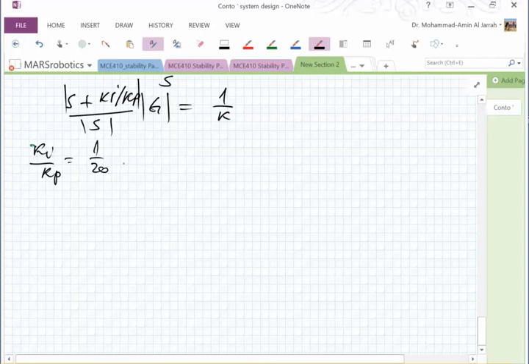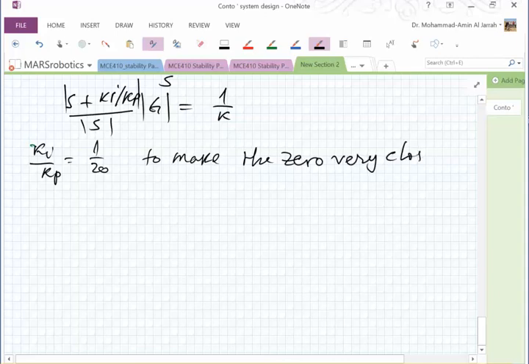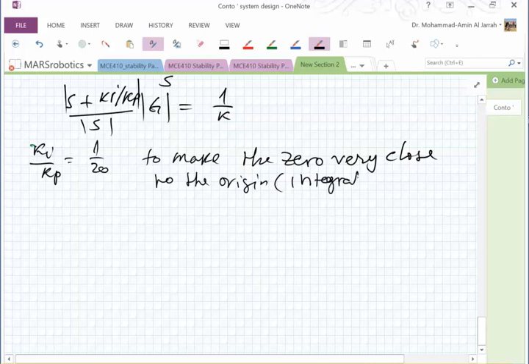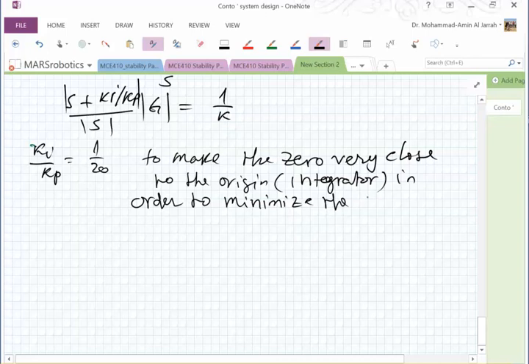So now, to make the zero very close to the origin, which is the integrator, in order to minimize the alteration or the change in the transient performance.